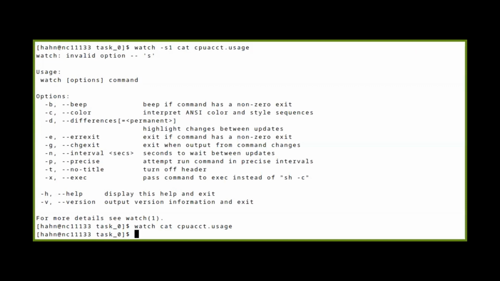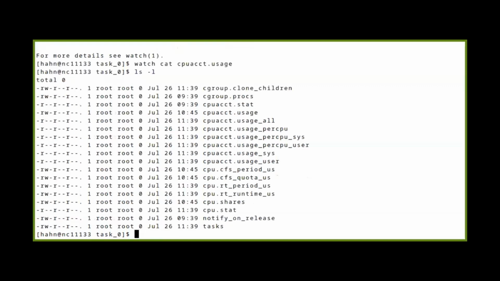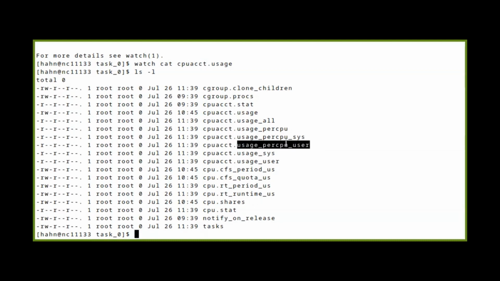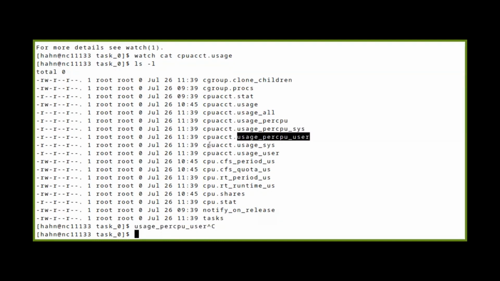But these are actually the counters that Slurm uses to provide accounting information about where your job spent cycles. Slurm gives you a breakdown of user versus system time, and you can get this information here as well.